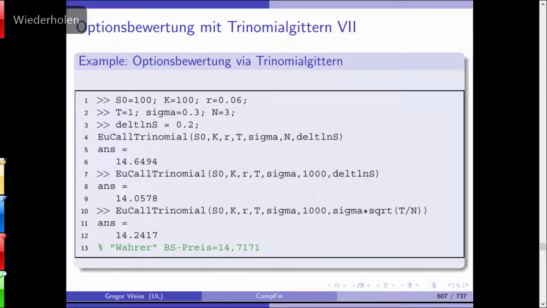And we can do this again. N is equal to 3 steps, 1,000 steps, and you can see that we get the true Black-Scholes price of 14.7171, and even with just 3 steps, it's already a very good approximation.